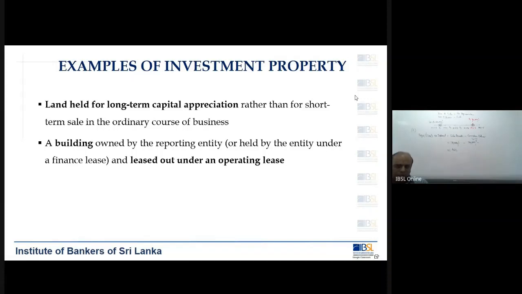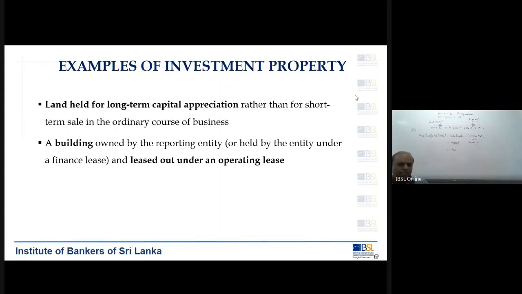If you check the land value, let's say it is about 20 million, then from 5 million, it has come up to 20 million. That is called capital appreciation. So our intention is to see the value of this particular land going up.